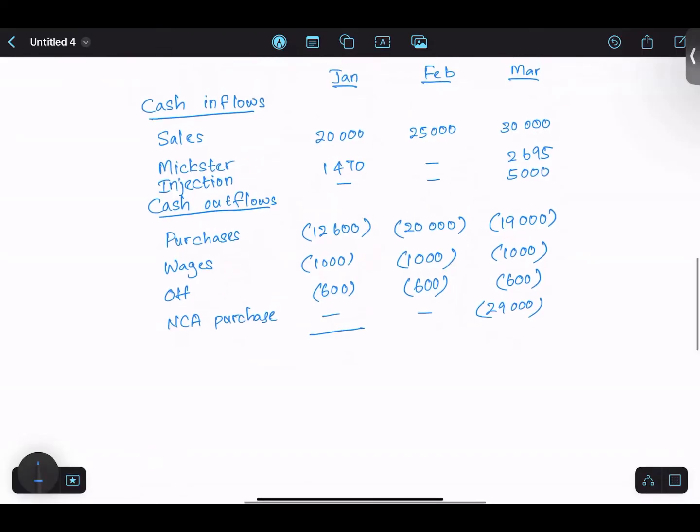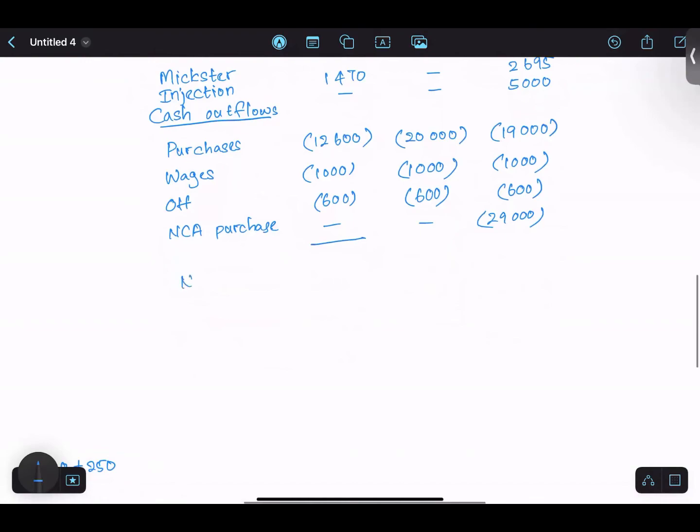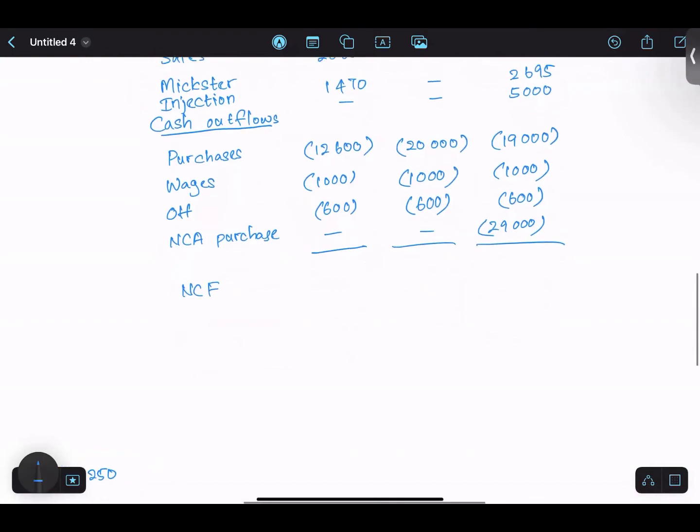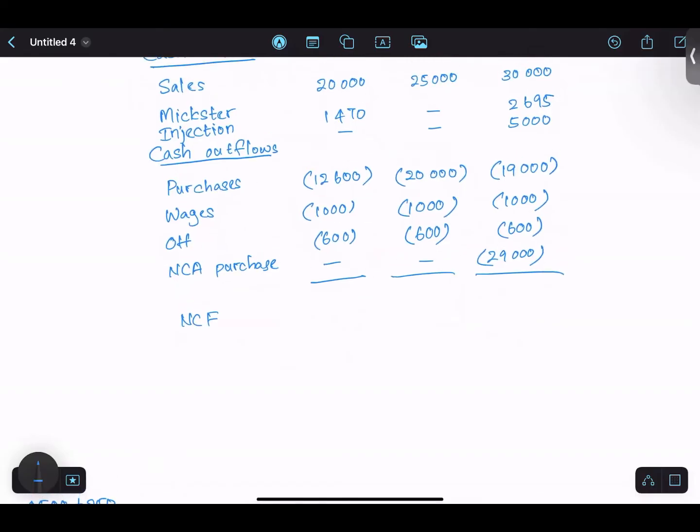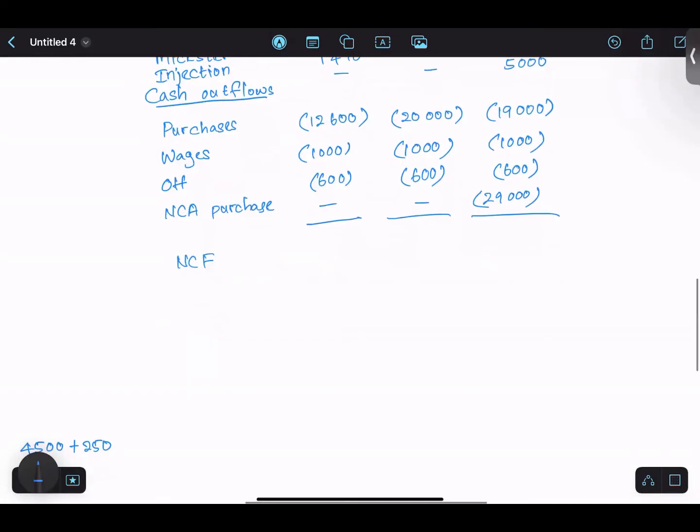So if you take the net cash flow for the month of January, it will be 20,000 plus 1,470 minus 12,600 minus 1,000 minus 600, which is 7,270.